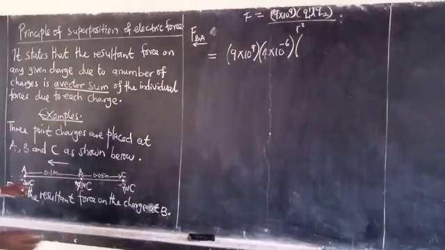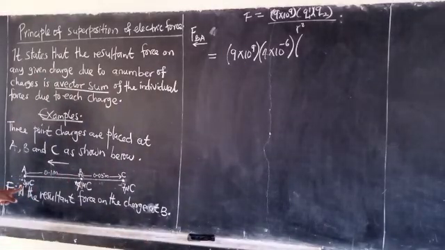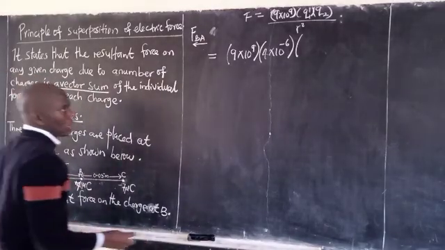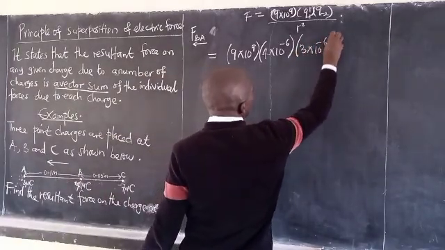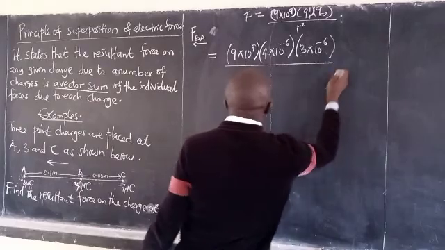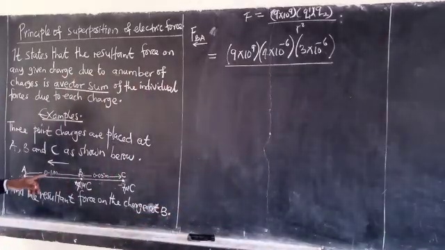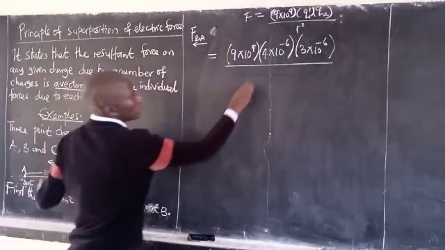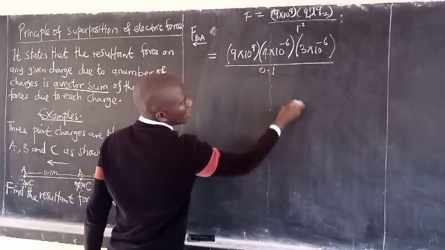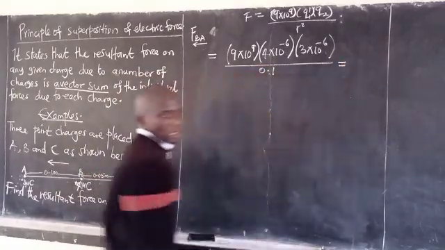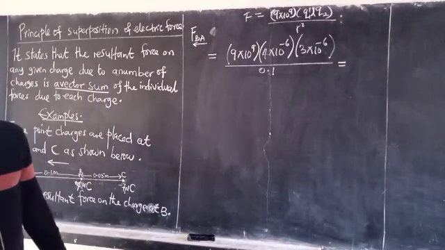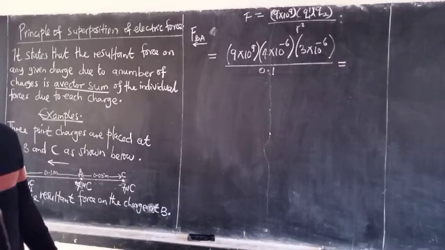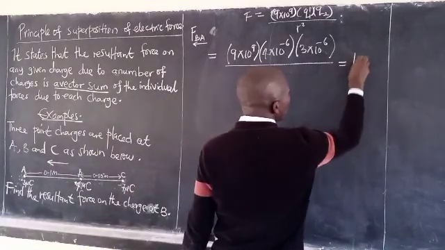Then there is this other charge. We don't take the sign, we leave it. It was to help us get the direction, so that is 3 exponent -6. Then divided by the square of the separation, which is 0.1. And this force, when you press very well on your calculator, you get 10.8 newtons.